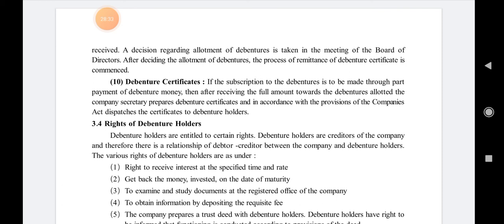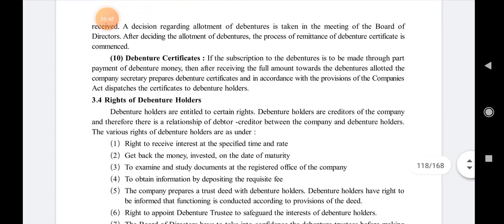This is a very useful procedure, and this is the document through which the public can invest and the company can get long-term finance for the betterment of the company. So these are the basic rules and the procedure for the same.